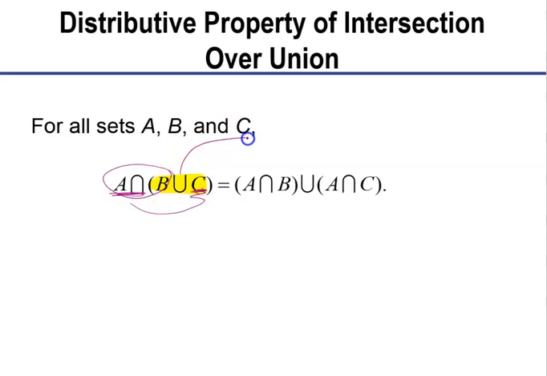And notice that the symbol in the middle turns up in the middle there. So that's like a distributive property for intersection over union.